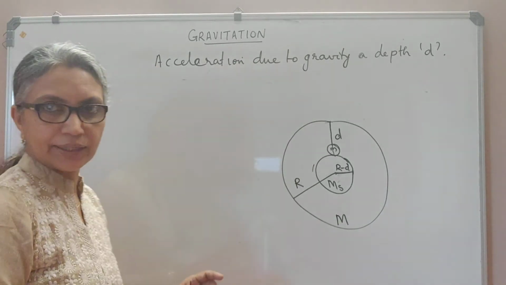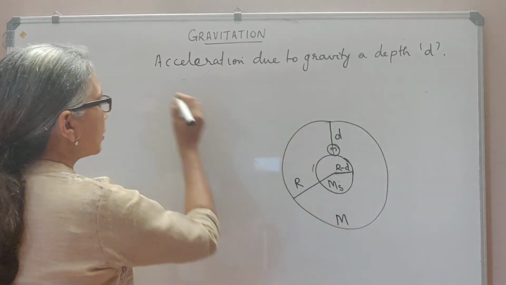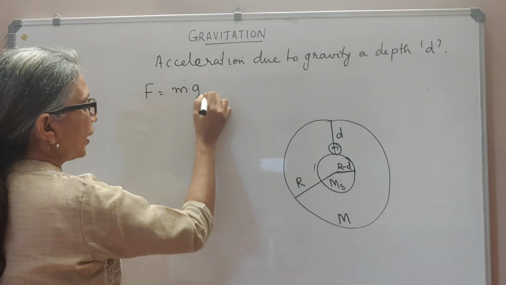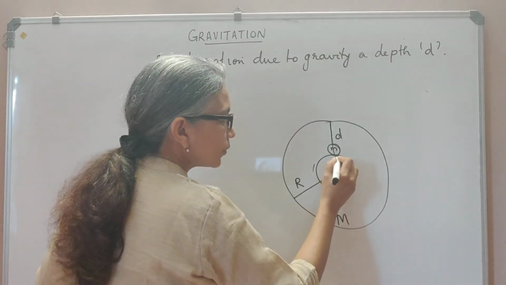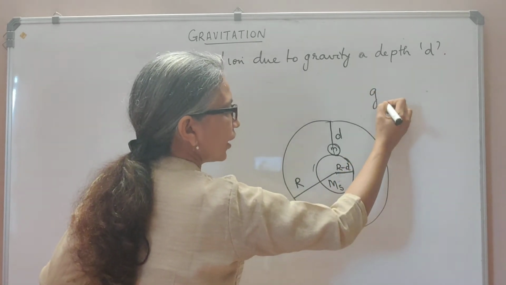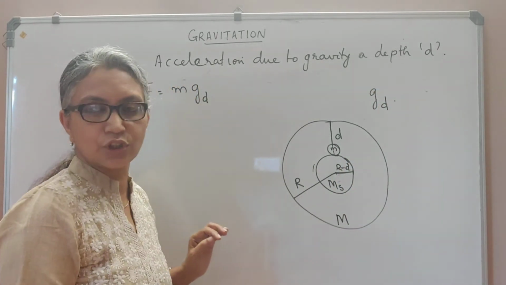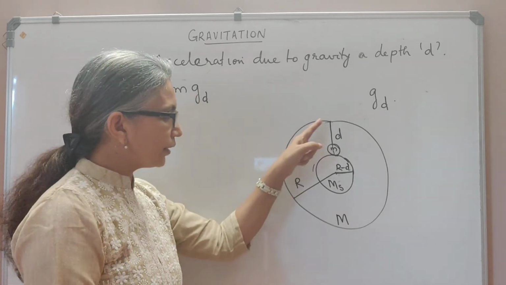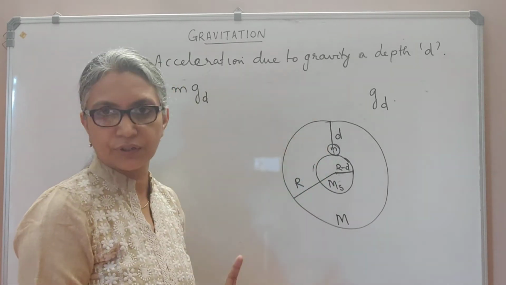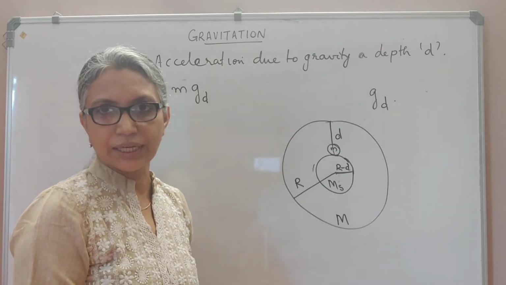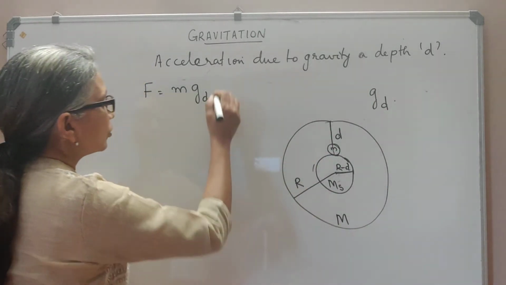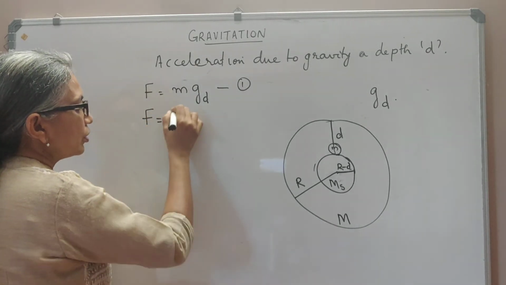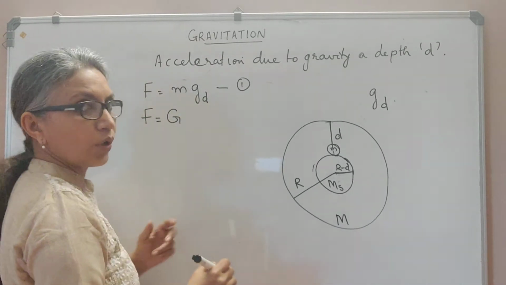Okay. Now we'll derive. So this mass now experiences a force which is given by m into g at d, where at this point the acceleration due to gravity, at a depth d from the surface of the earth, I am denoting with g at suffix d. So that's my first equation. By the universal law of gravitation, G into m1 m2.